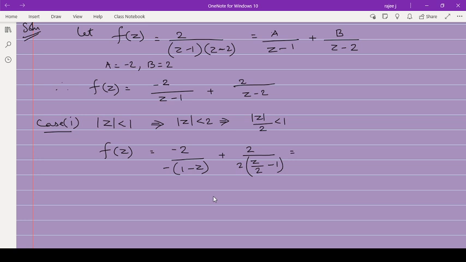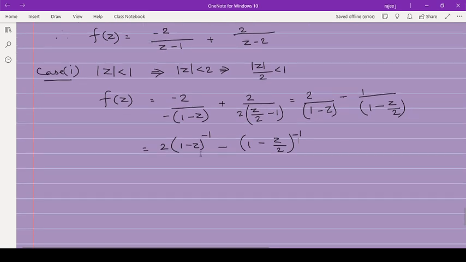So this is equal to minus minus becomes plus 2 upon 1 minus z, plus here 2 and 2 get cancelled, 1 upon z by 2 minus 1. So take a minus sign outside, and this becomes 1 minus z by 2. That is equal to 2 into 1 minus z raised to minus 1 minus 1 minus z by 2 raised to minus 1.